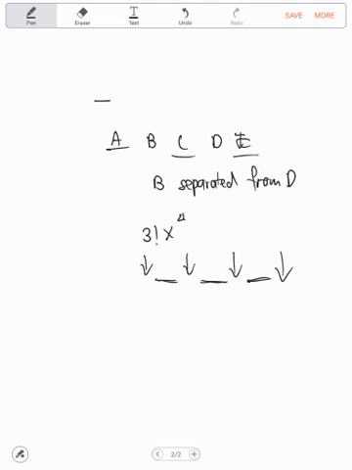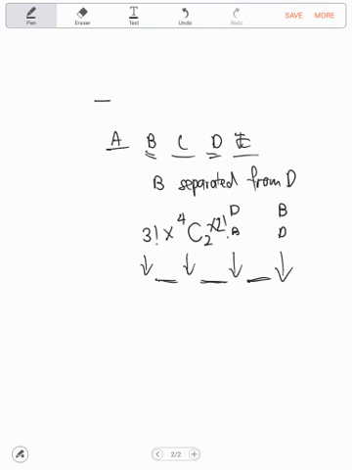So out of these 4 possible slots, I'm going to choose 2 slots because I'm only sitting 2 people, B and D. Then I'm going to arrange them, because it could be BD, for example, or DB, right? So I'm going to choose 2 times 2 factorial. Right, so that is the separator method for arranging.